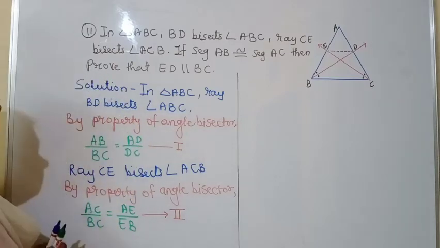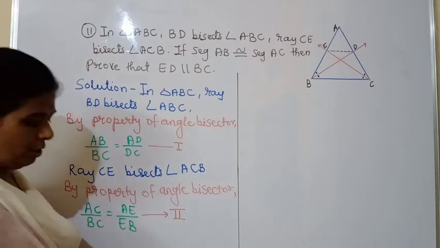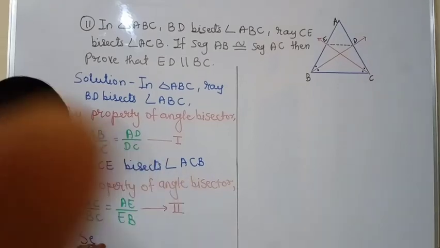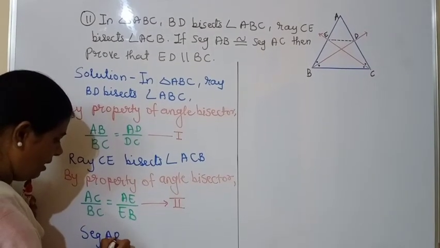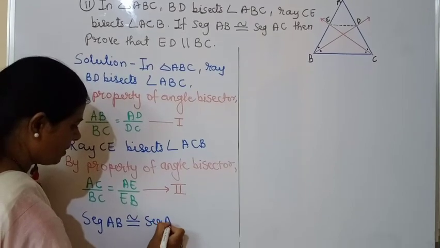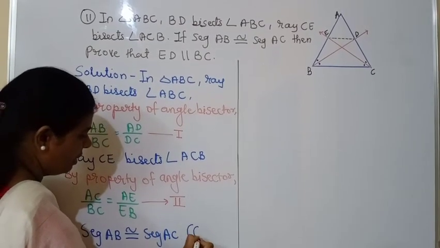Okay, now one more thing is given in the question, that is, side AB is congruent to AC. So we will write here now, side AB is congruent to side AC. Okay, it is given.